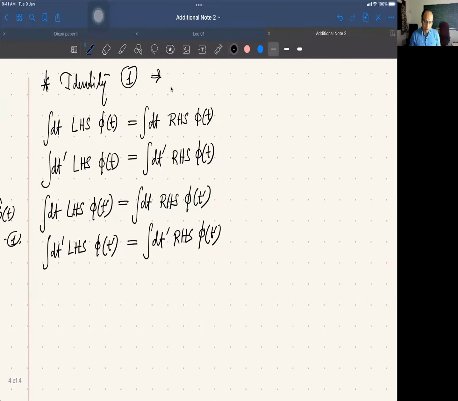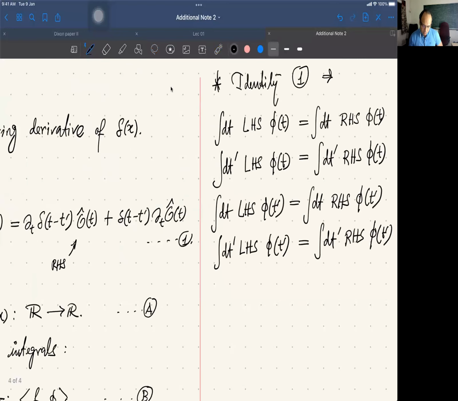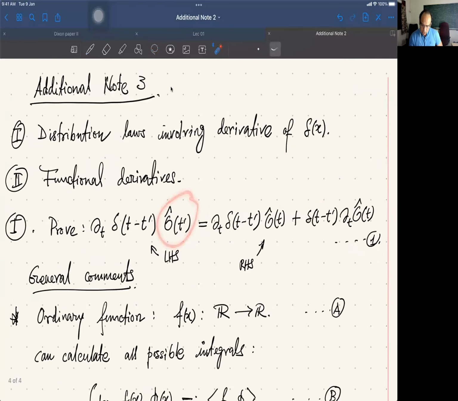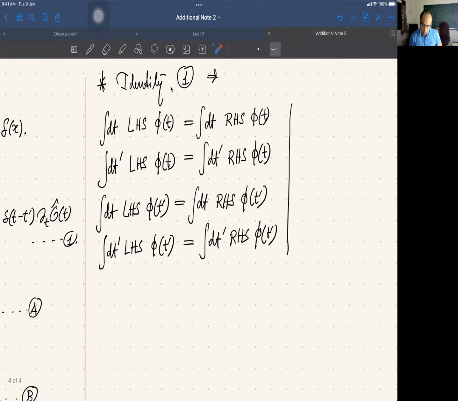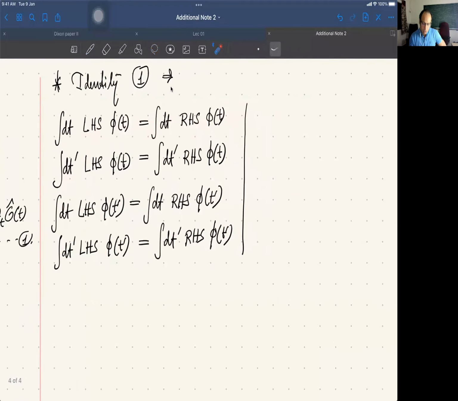Now let me make a comment about how to go to the operator version of that. Your operator has an argument t, which is a classical number. It's a parameter that parameterizes the operator. So you can lift that test function also to an operator, an arbitrary operator with some desired properties, so all possible operators with the right kind of properties that are acting on the Hilbert space.